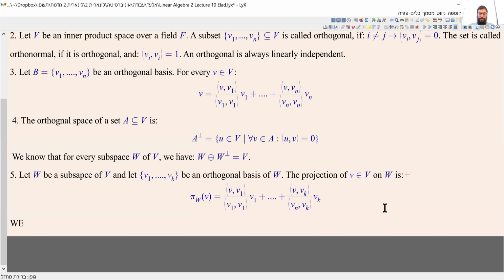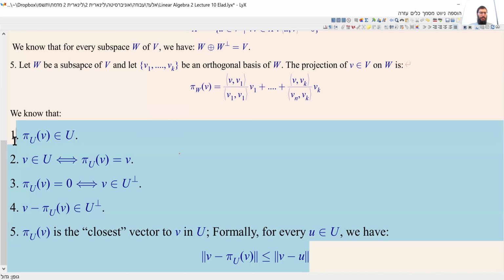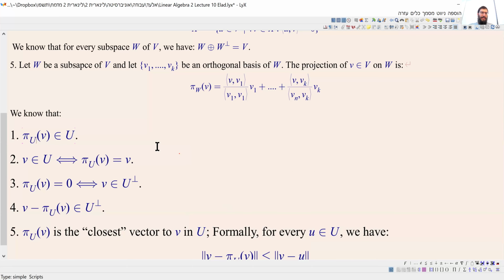So instead of W, let's write down U. It's still the same. We write it all down explicitly and we proved it one by one in lecture number 9.